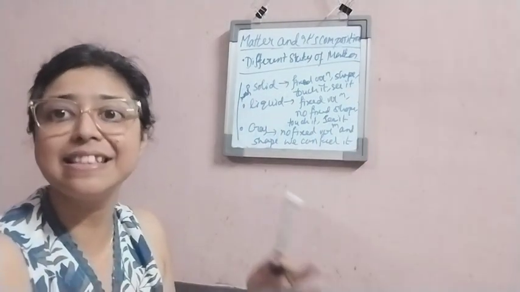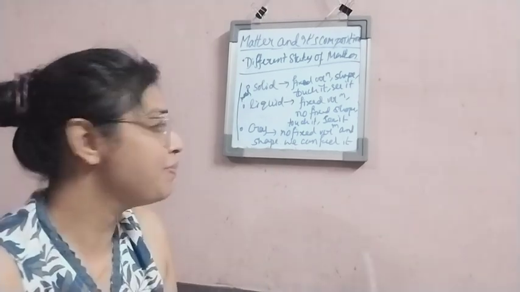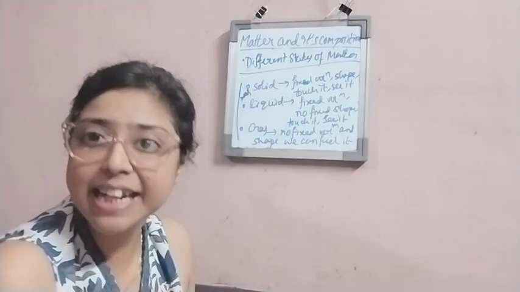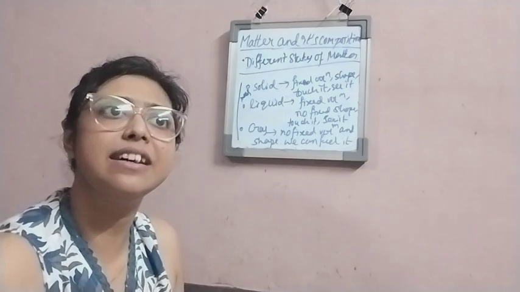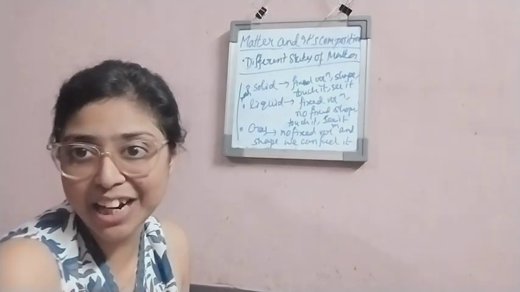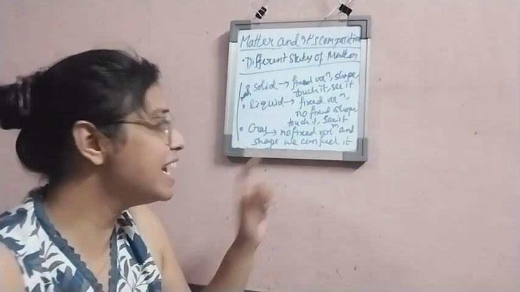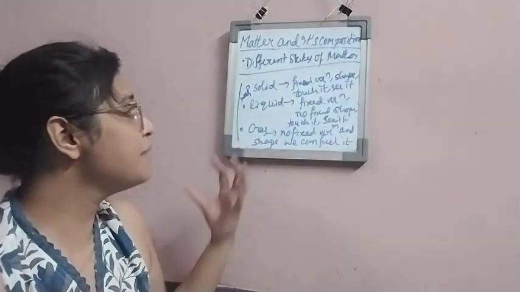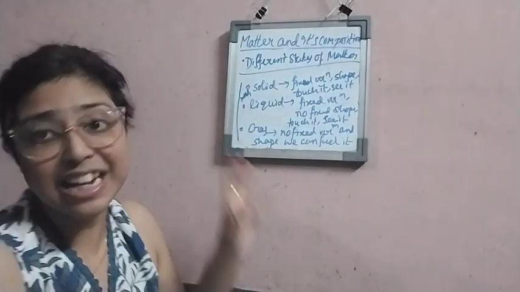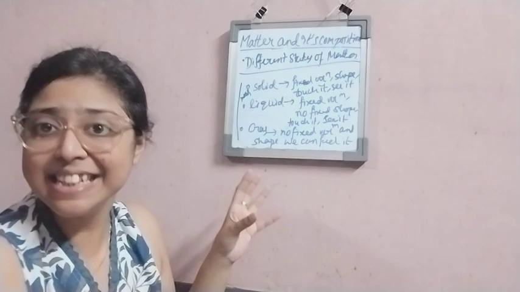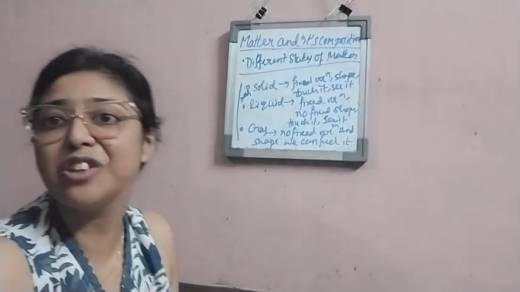It also takes the volume and shape of the container, and we can just feel it. In case of colorful gases, we can see it, but we cannot touch it in that way. We can feel it by our senses. So these are the basic physical states of matter, and these are the basic characteristics of the different states of matter.